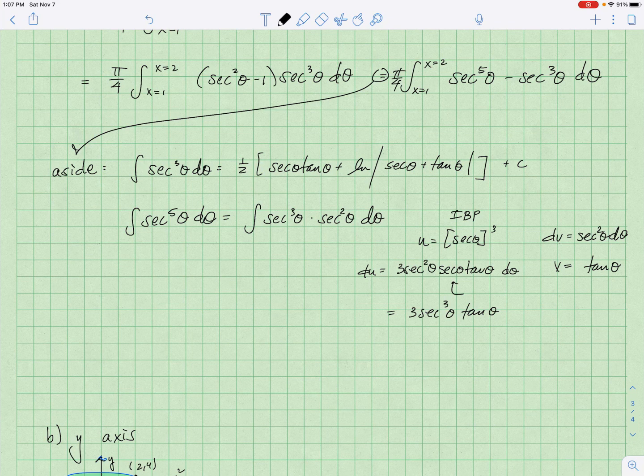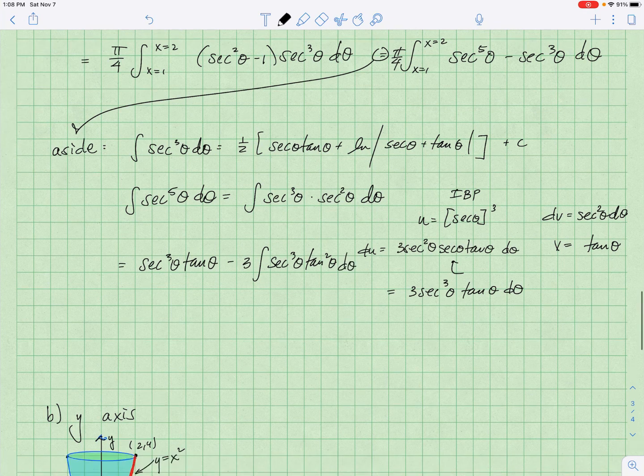And v is tangent of theta. So this will become uv, secant cubed theta tangent of theta, minus 3 times the integral of secant cubed theta tangent squared theta d theta.